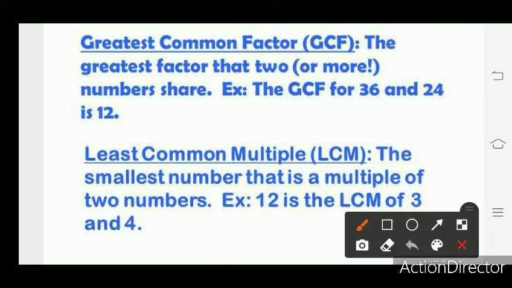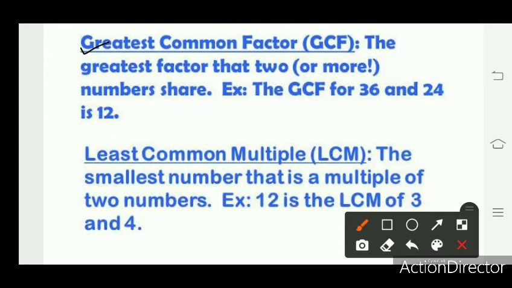Now here we will discuss HCF and LCM. Greatest common factor or highest common factor, GCF or HCF. The greatest common factor that two or more numbers share.